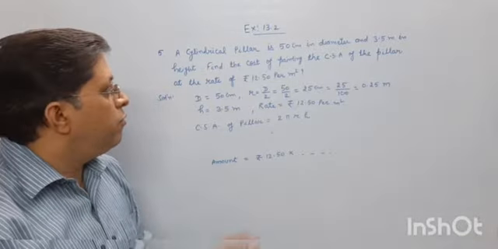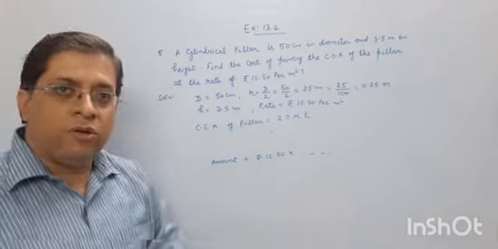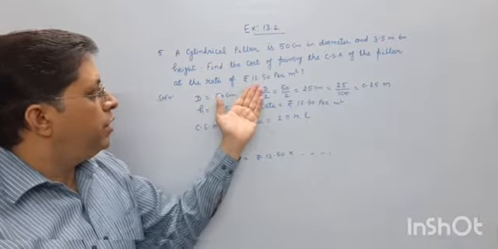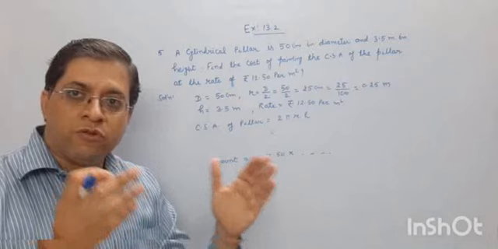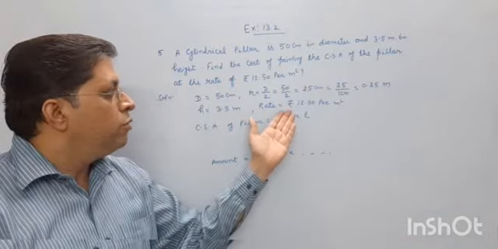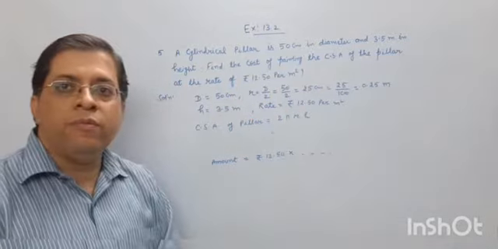And what is given? Height is given to you, and rate is given to you. Rate per meter square is given as 12.50.